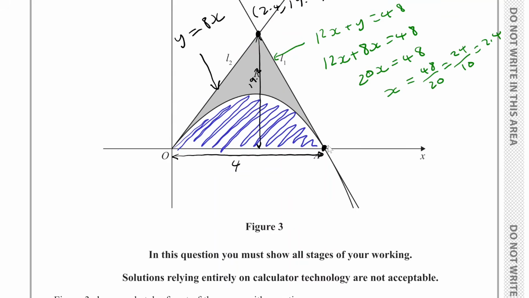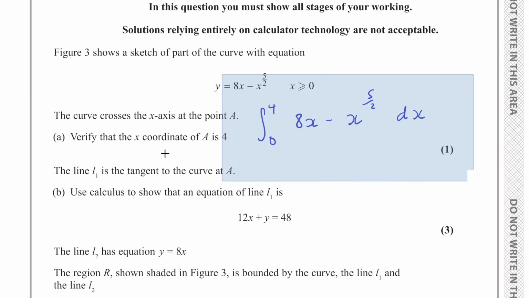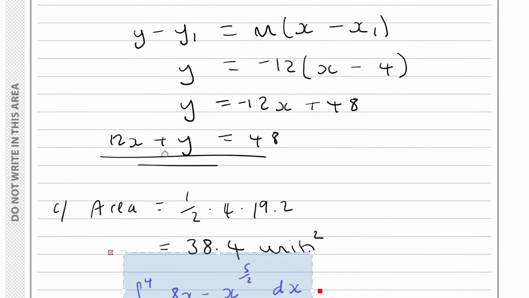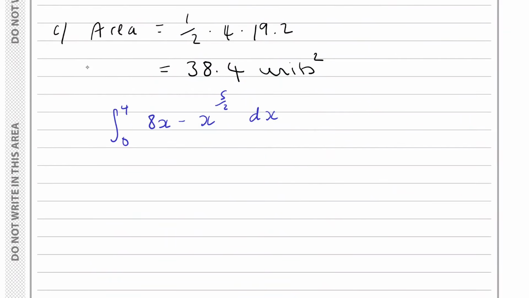And that's integration. The integral between 4 and 0 of 8x minus x to the power of 5 over 2 with respect to x. We integrate: add 1 to the power, divide by the new power. So that'd be 4x squared minus x to the power of 7 over 2 divided by 7 over 2, which is the same as timesing by 2/7.